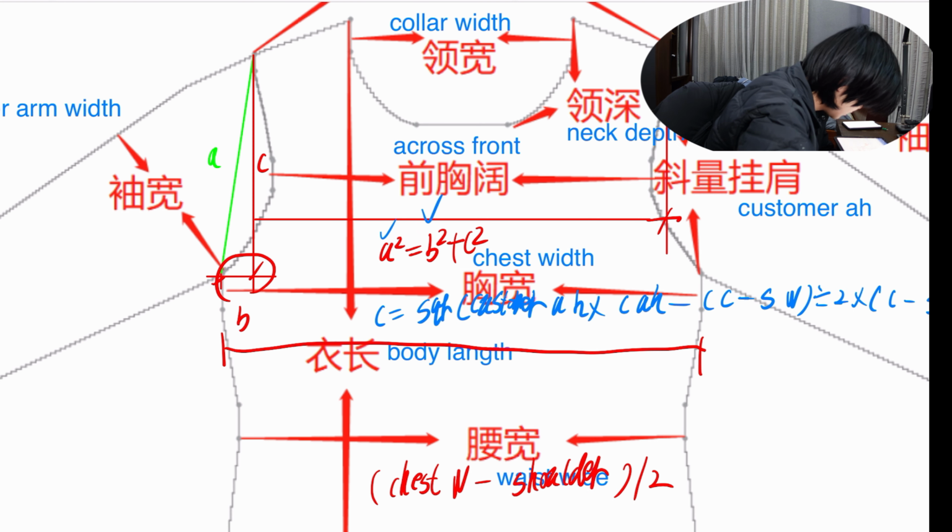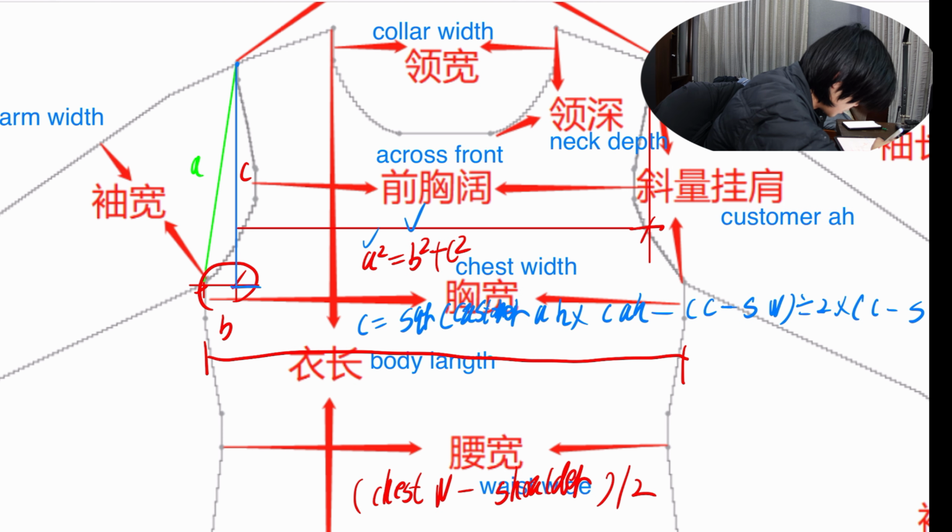And this is the distance to calculate the vertical armhole height from here to here. All right, because generally the customer will not offer the vertical distance from here to here, and we have to calculate by using this equation.